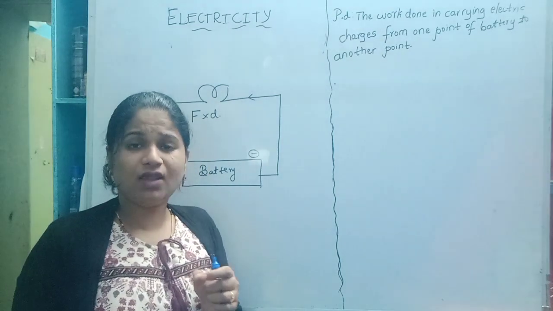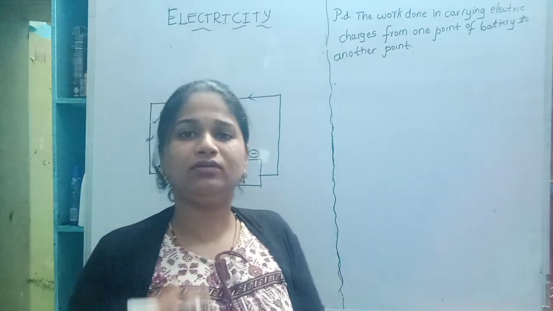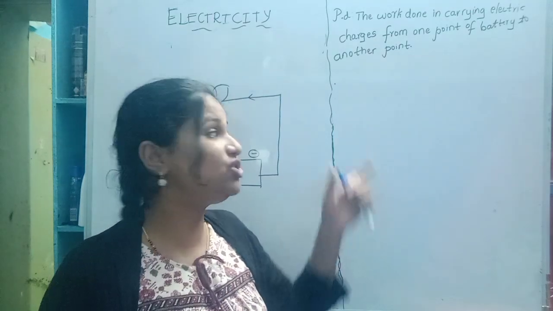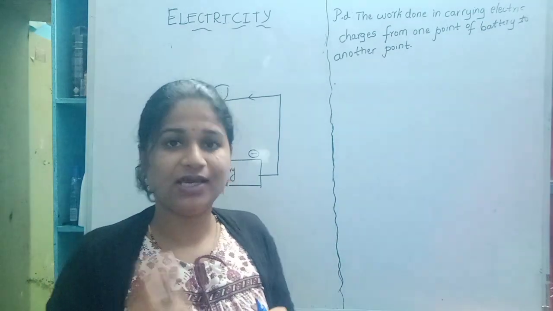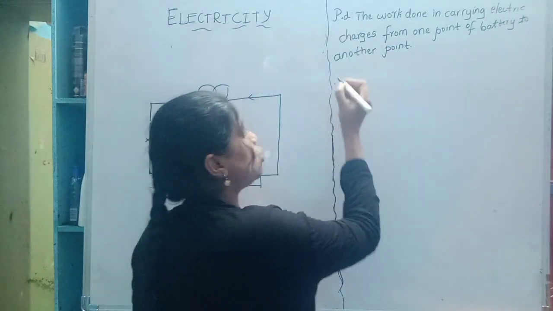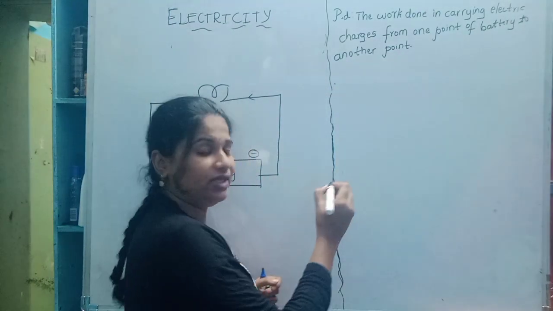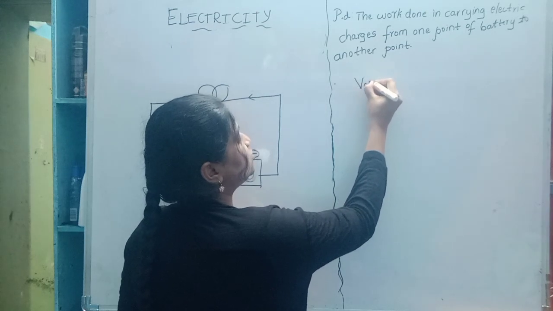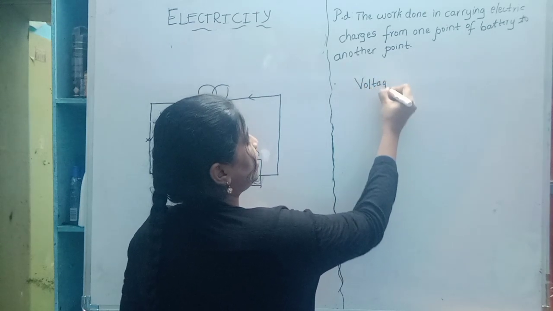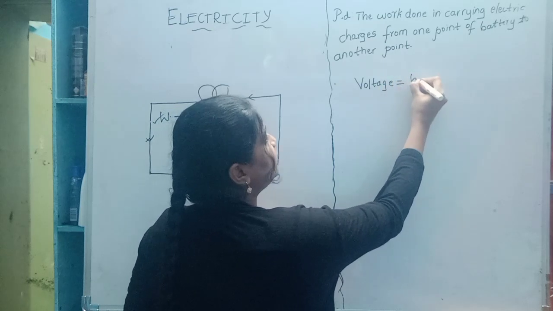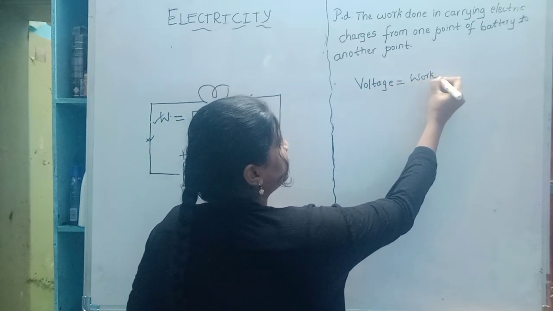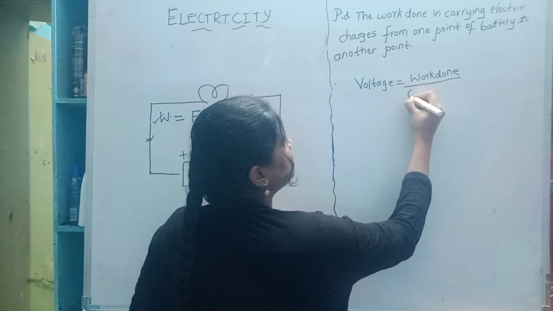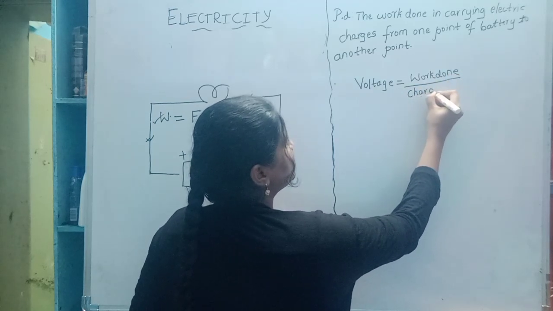Now let us try to understand the formula which gives us the potential difference. The potential difference is also called voltage, and the voltage is represented by V. So voltage is equal to the work done upon the charges carried.